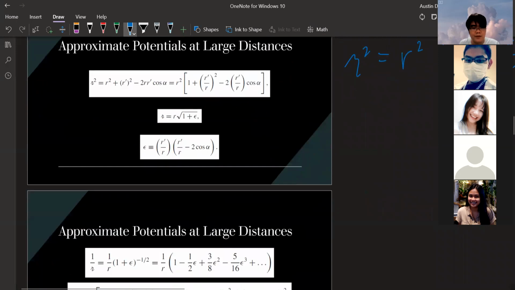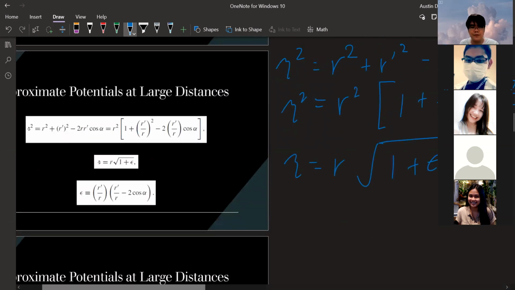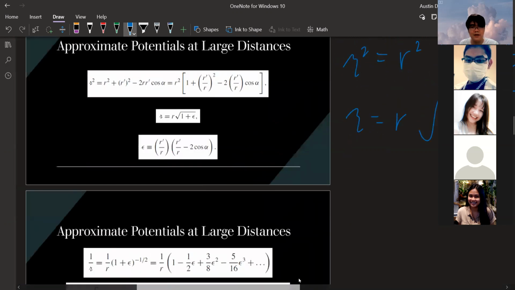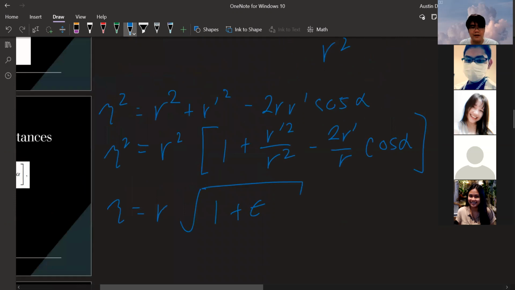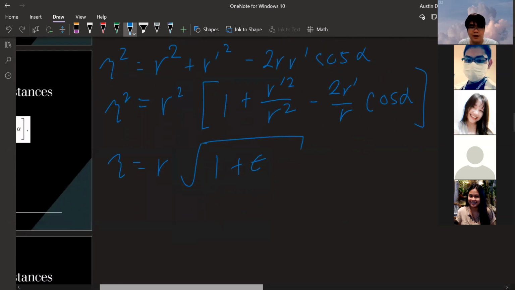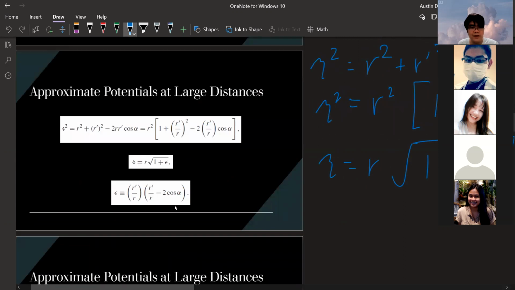Then, ginawa ni Griffiths, sinulat niya as ganito. So, kunin mo lang yung square root r, then the square root of 1 plus epsilon. Okay? So, si epsilon will be the things that are inside here. So, this is r prime squared over r squared minus 2r prime cosine alpha over r. That's it.